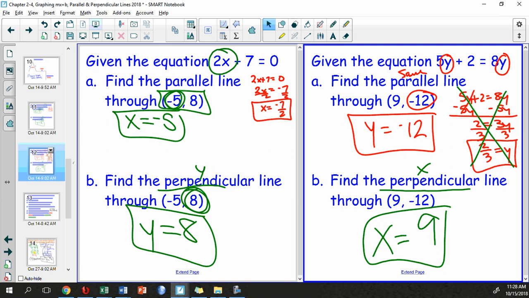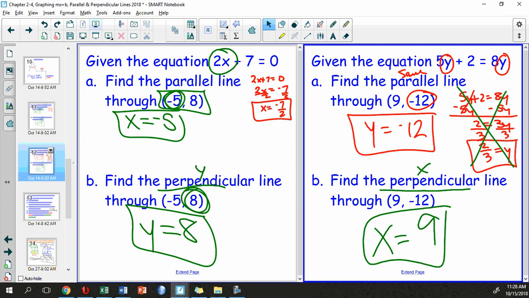If there's only a y in the problem and they're asking for parallel, it's going to be y equals a number. If there's only an x in the problem and they're asking for perpendicular, the opposite of x is y, so your answer is going to be y equals a number. Yes? Do we all understand that? That's this example that we did up there.